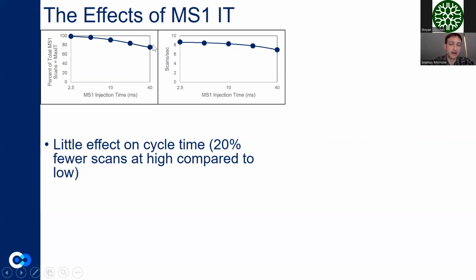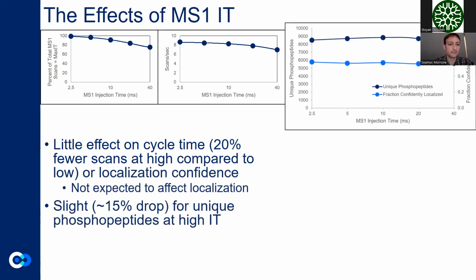As we accumulate more ions, it begins to trigger the AGC instead of the maximum injection time, even with the AGC set at its maximum value. This is also reflected in the duty cycle and the scans per second. We lose about 1 scan per second on average as we increase the injection time, so that's about 20% fewer scans compared to the lowest injection time.